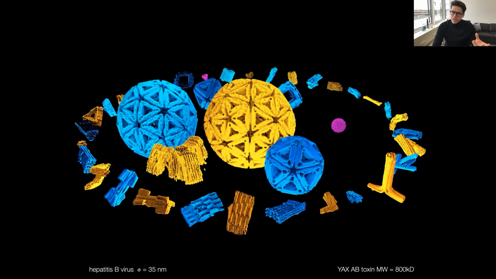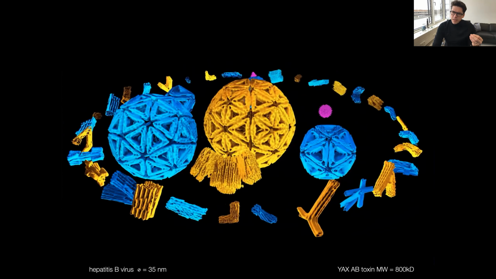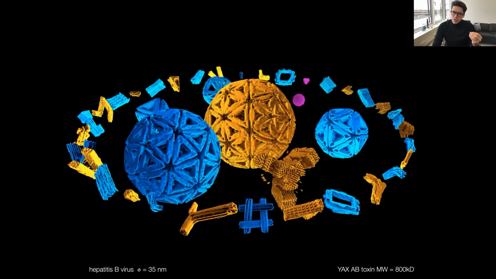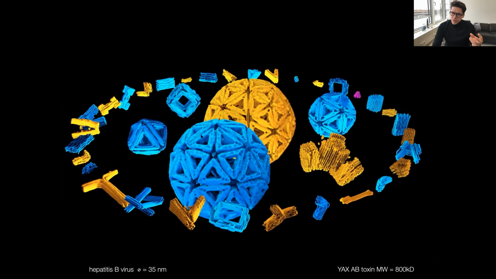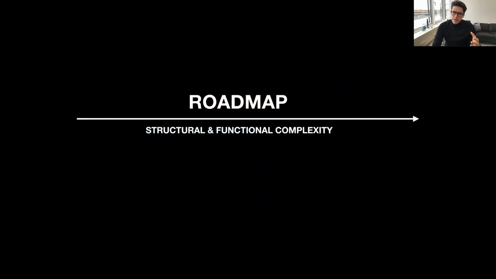We want to be engineers who design molecular objects to accomplish particular functions, right? And ever since I founded my lab, we have worked reasonably systematically on a roadmap designed to deliver ever-increasing structural and functional complexity.